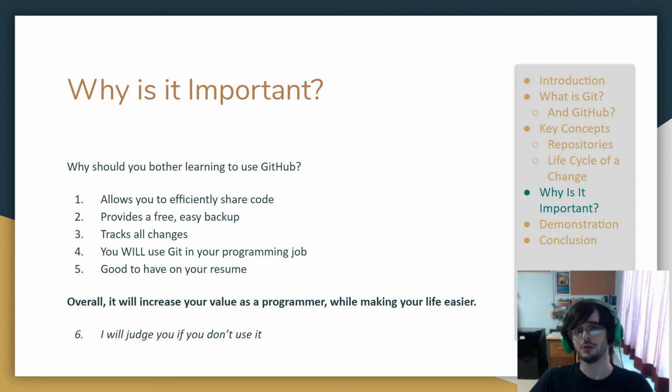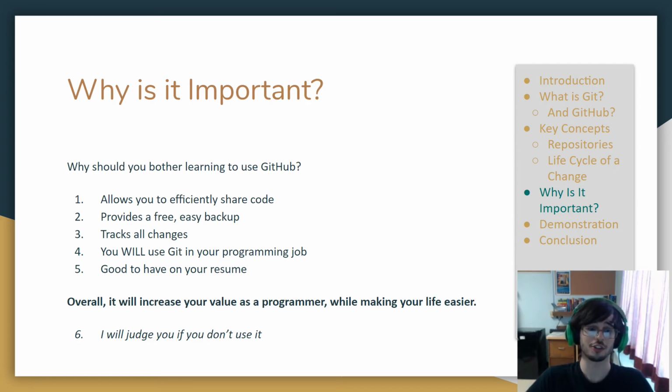Additionally, you will use Git in your programming job. Like, I don't think there are many companies out there who don't use it. If you have a team of multiple people who are editing the same project, you're going to need a version control system. So Git is definitely the industry standard. And this is a bit of preparation for that, getting prepared to do it in the field.